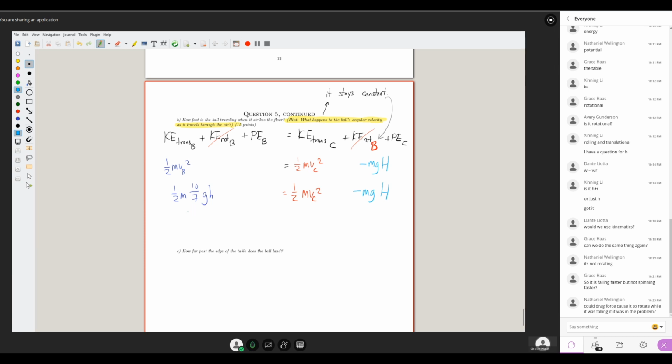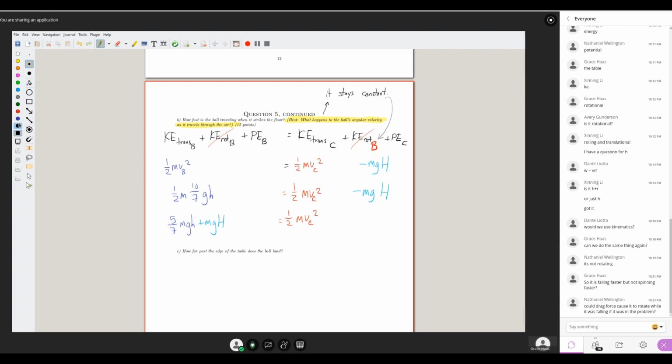So what this is telling me, bringing both terms to the left, is that 5/7 mg little h plus mg big H is 1/2 m vc squared.